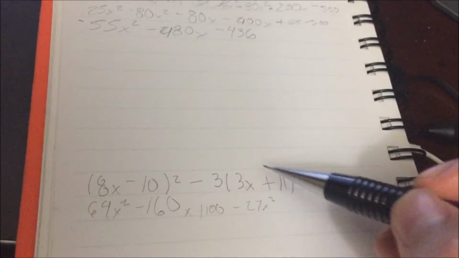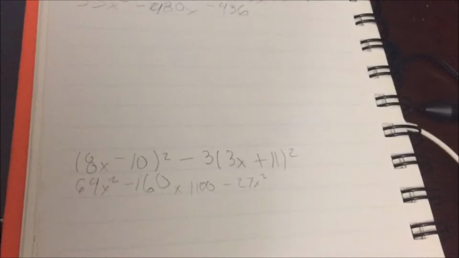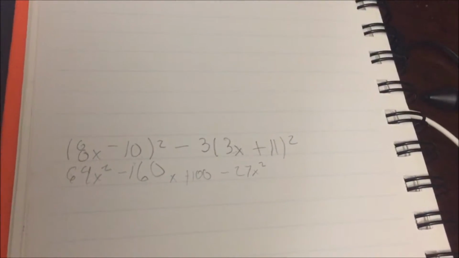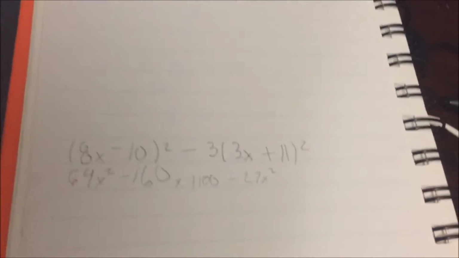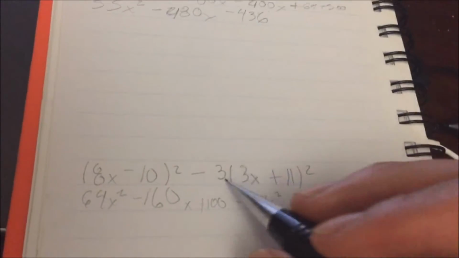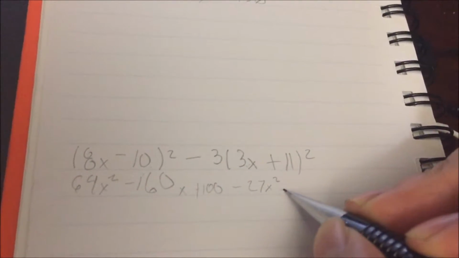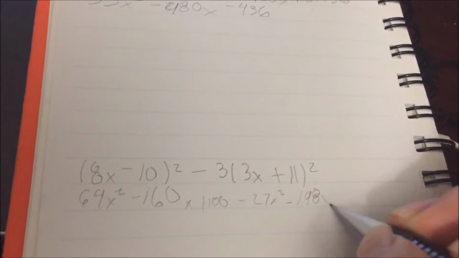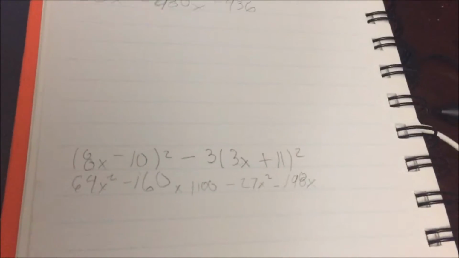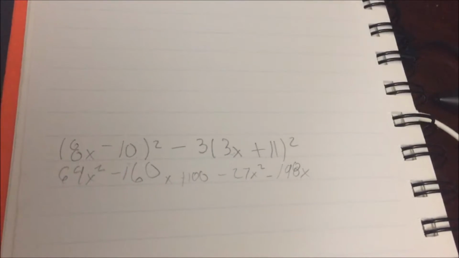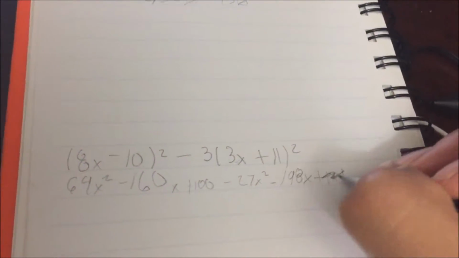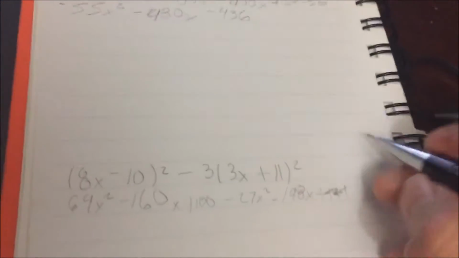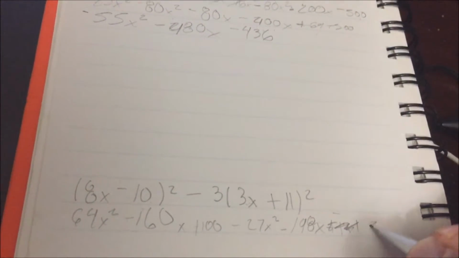Then it will be 33x, of course, but multiplied by 2 will be 66, multiplied by 3, so it will be less 198x. And then 11 squared will be plus 121, but times 3 it will be less 363.